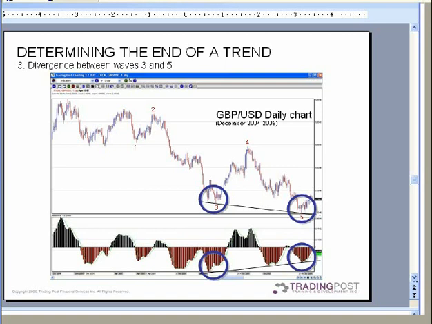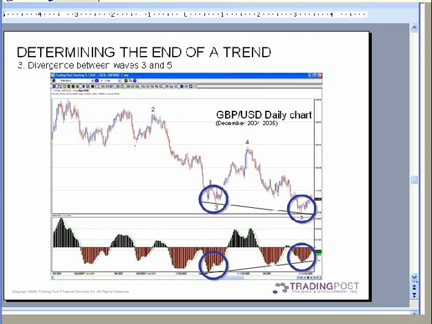Now, it doesn't always catch the top or the bottom of a five-wave sequence. As you learned in Module 2, or you're about to learn in Module 2, sometimes a wave extends, and sometimes you see multiple divergences. So sometimes you might get out too soon just based on the divergence between what you see as a wave 3 and a wave 5, because you see multiple divergences.